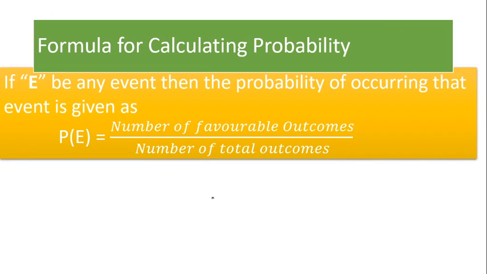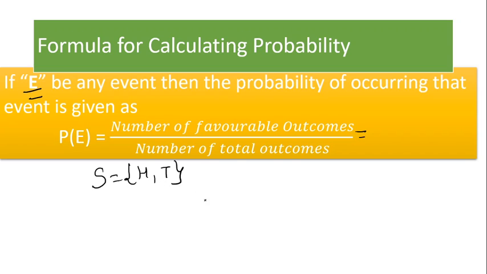The formula for calculating probability is one of the basic and major formulas. If we have any event E, then the probability of that event occurring is given as the number of favorable outcomes upon the number of total outcomes. For example, the sample space for tossing a coin is head or tail.